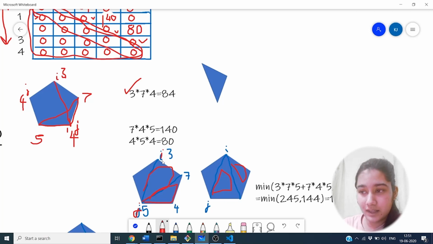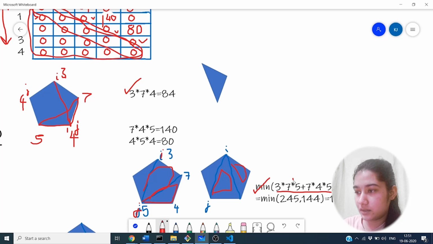So in the first condition, the answer is 3 into 7 into 5 plus 7 into 4 into 5, and in the second 3 into 7 into 4 plus 3 into 4 into 5. As our task was to find the minimum of all, we will check which result gives us the minimum value.